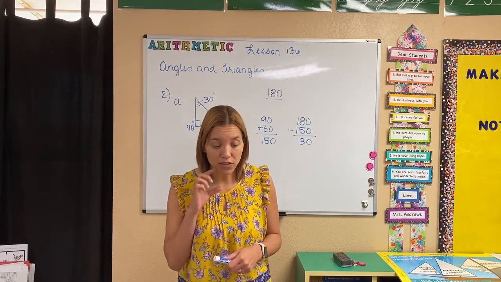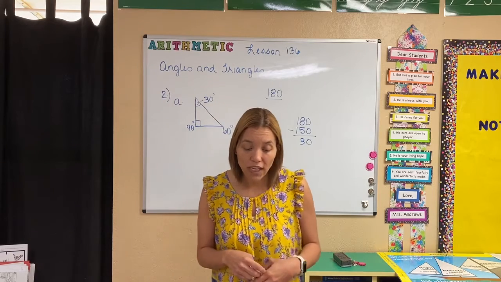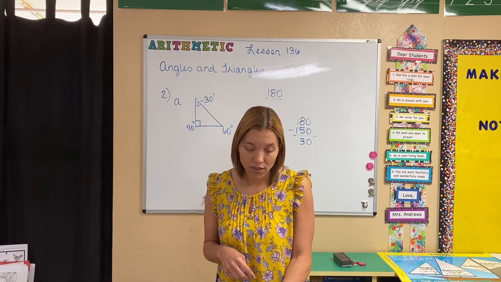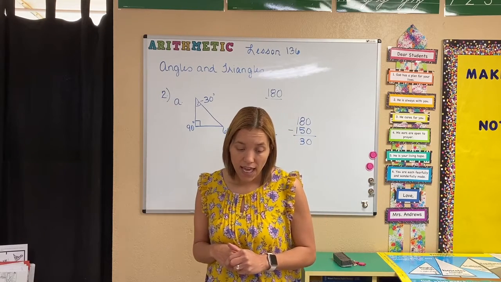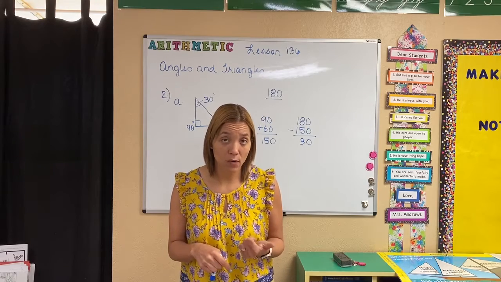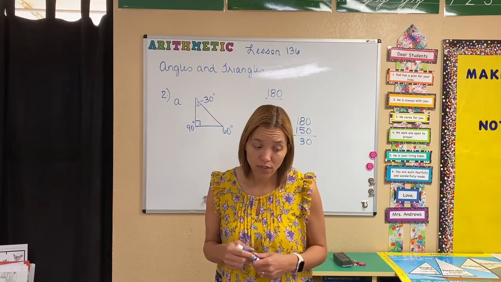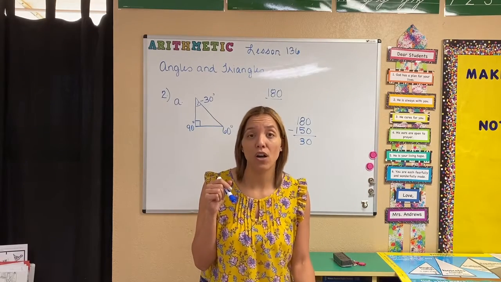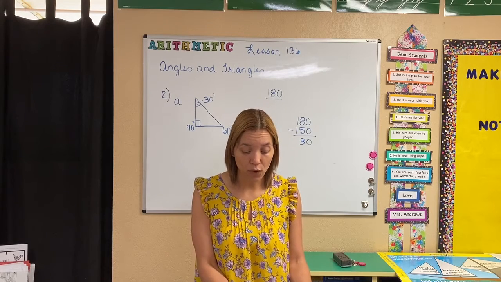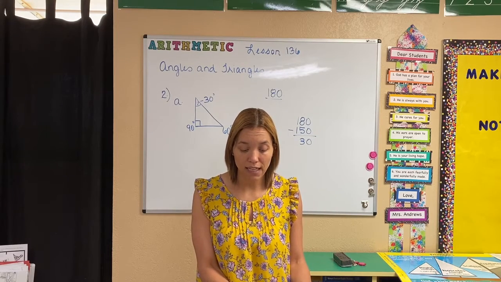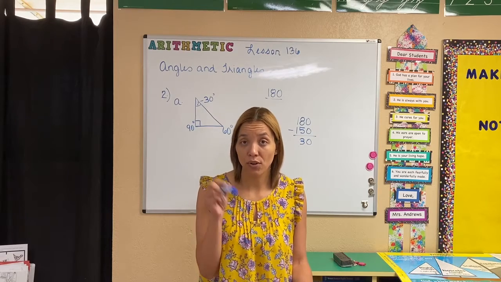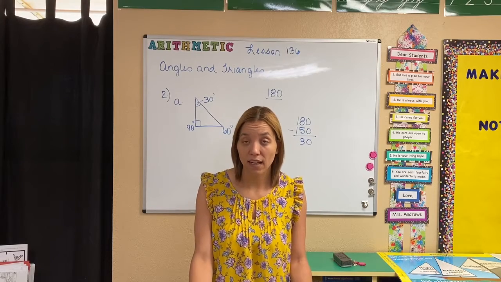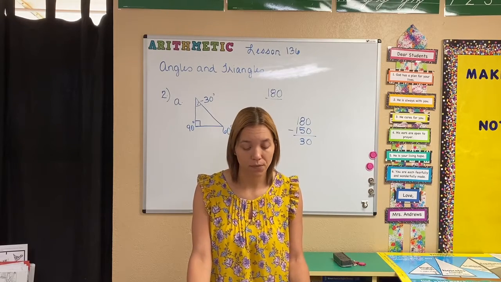If we look at the chart on the top of the page, we know that this is going to be a right triangle, because the right triangle, first of all, has one right angle, and also the sum of all the angles is 180. If we add up 30 plus 90 plus 60, that sum gives you 180, and that is what a right triangle is, okay?